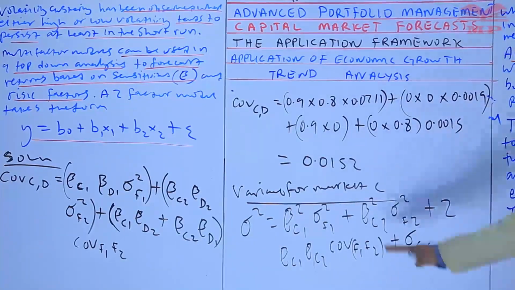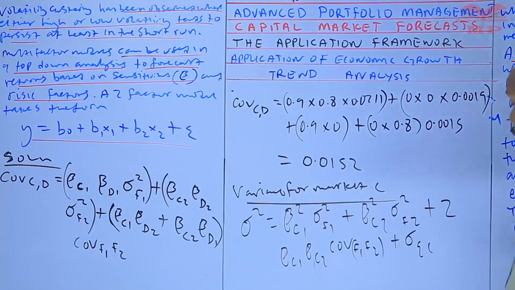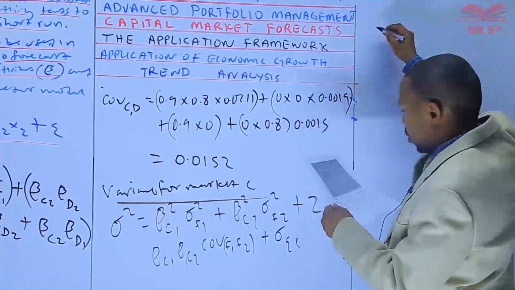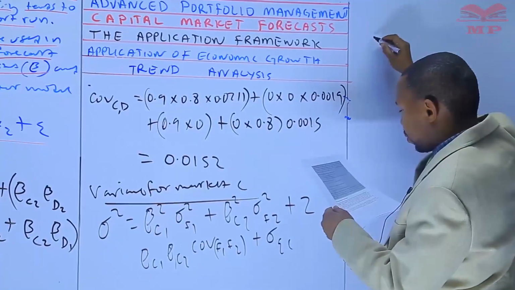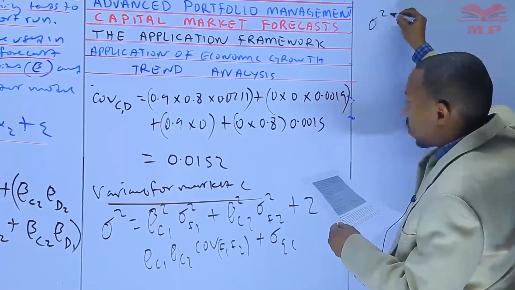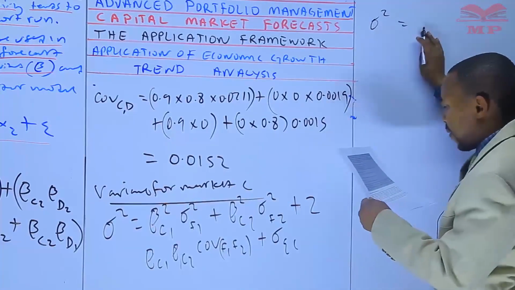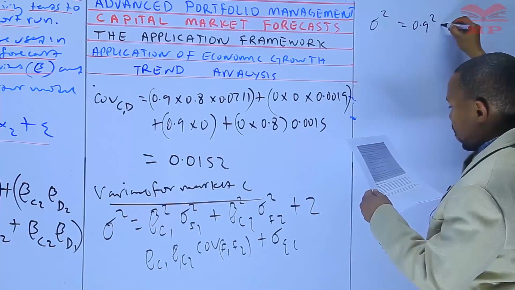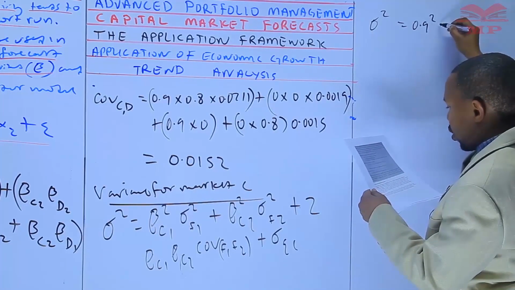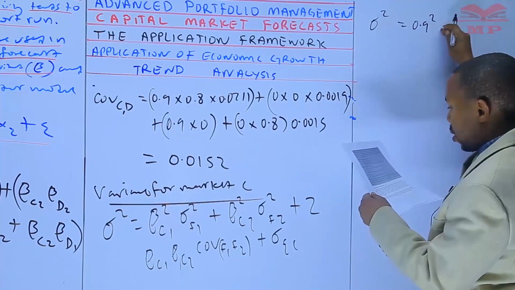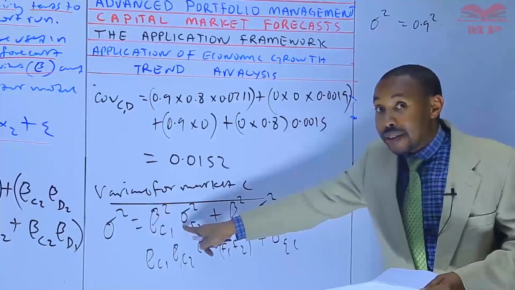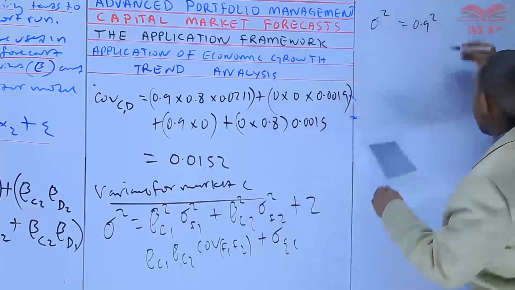How about for D? We'll do the same, but with the values for D. Putting it all together, the variance is given as 0.9 squared multiplied by 0.0211, because this is the variance.